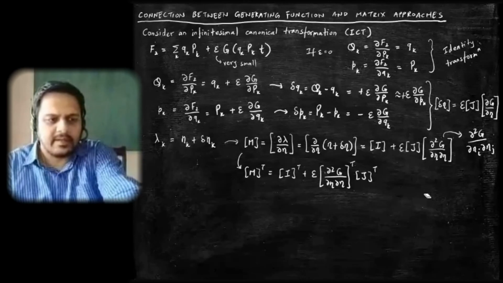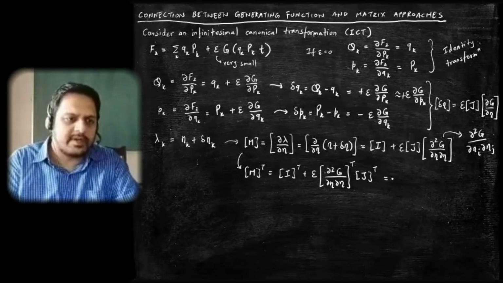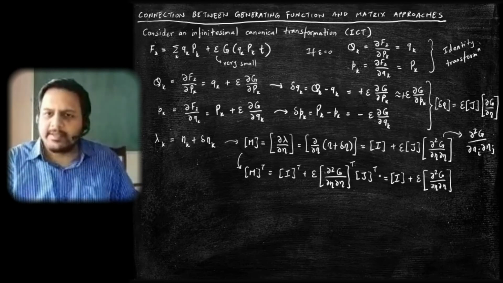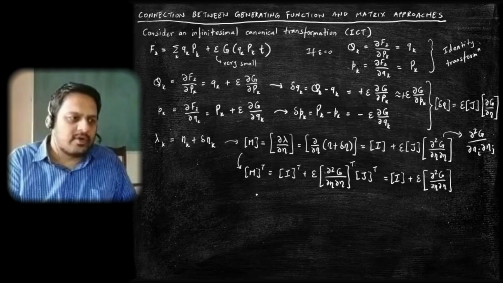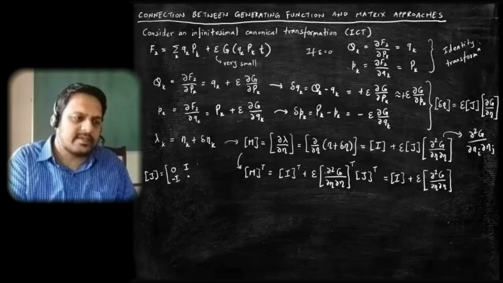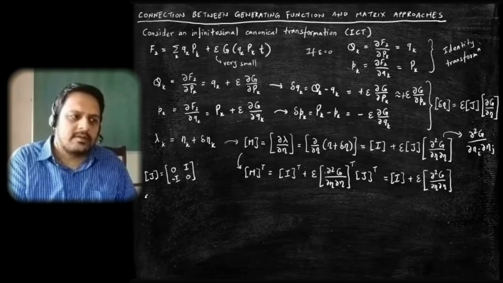And let me write it here. So the transpose of the identity matrix is the same as the identity matrix. The transpose of the G matrix is the same as the G matrix, ∂²G/∂eta∂eta. What is the transpose of the J matrix? If you look at the J matrix, it is defined as a null matrix, an identity matrix, a minus identity matrix, and a null matrix.